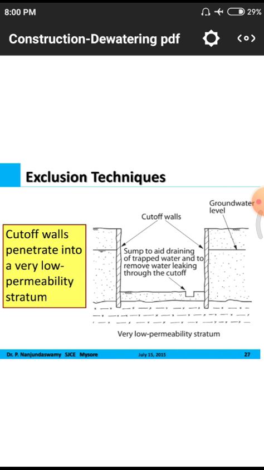We have these diagrams, which are simply understandable. First of all, cut-off walls penetrate very low permeable strata. Those are the cut-off walls constructed in our field to regulate the entrainment of water.